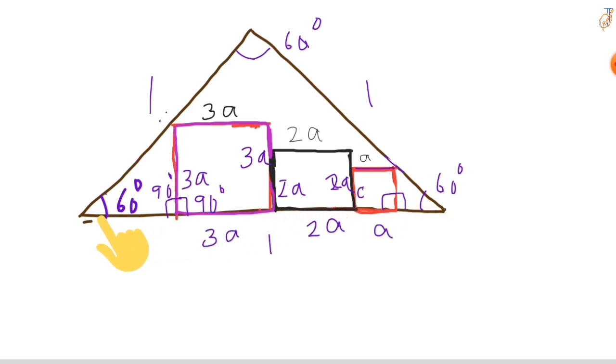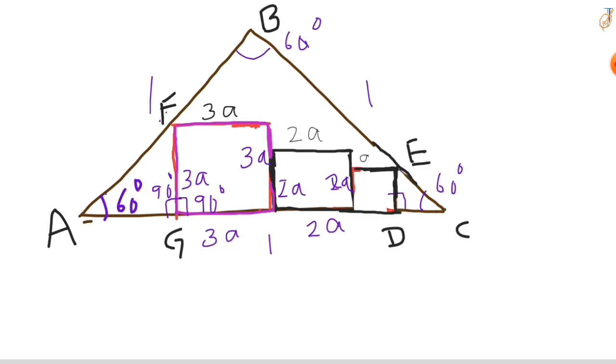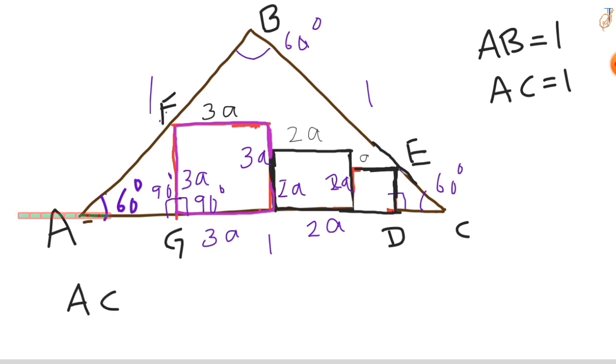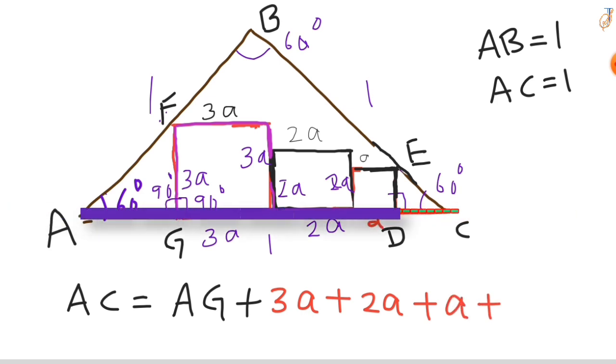Now I am going to call this vertex A, this B, this C, and this point D, this point E, this is F, and this is G. We need to find the A value here. If the side length AB is 1, AC is also 1. That means AC we can write as AG plus 3A plus 2A plus A plus DC.